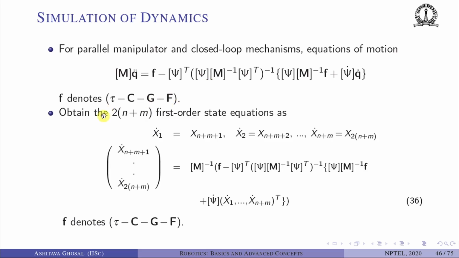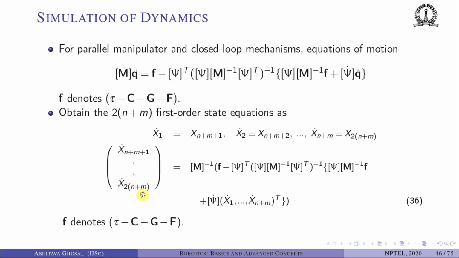So in parallel manipulators, we can get 2n plus m first order equations. Again, x1 dot is x n plus m plus 1, x2 dot is this, x n plus m dot is x 2n plus m, and x n plus m plus 1 dot is M inverse something.